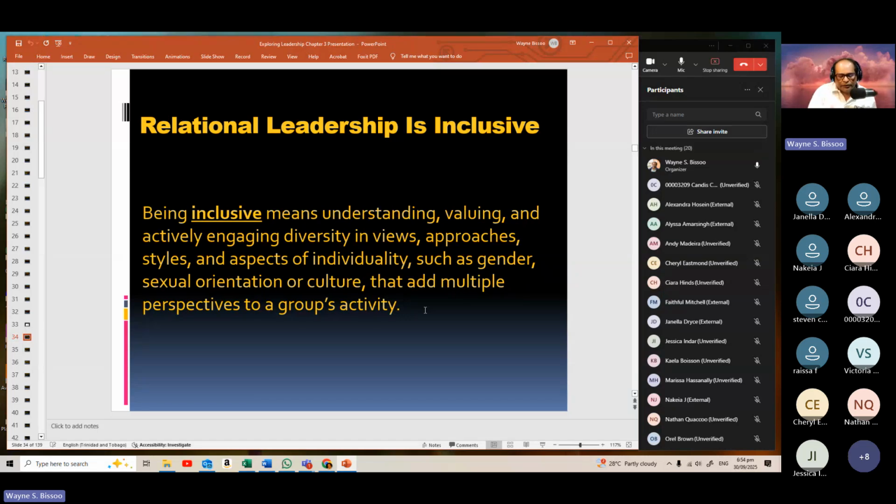If we become more inclusive in bringing other people into our organization, we bring as many different views and perspectives on things that would help us come to a better decision that would be best for everybody.